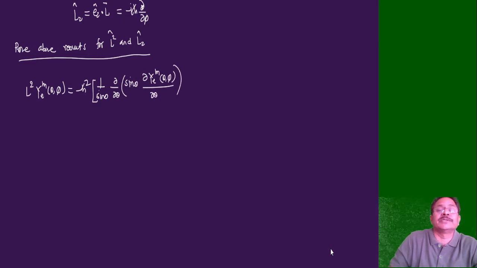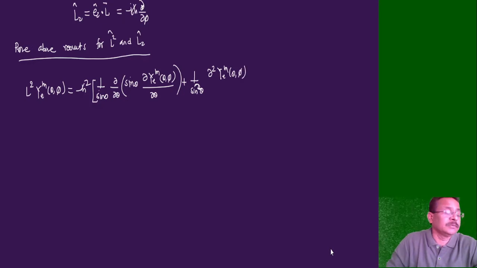This is my first term, plus 1 upon sine square theta multiplied by delta square of Y_lm of theta, phi divided by delta phi square.